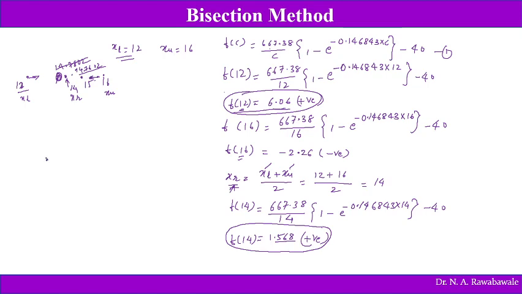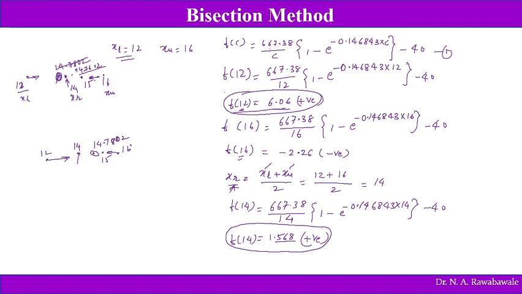We can see here 12. Earlier it was 16. True answer is 14.7802, and we had obtained 14. Now we have obtained 15. Answer is between 14 and 15. That means we are going to trap our answer. Gradually we are moving towards the answer. Our answer is here.